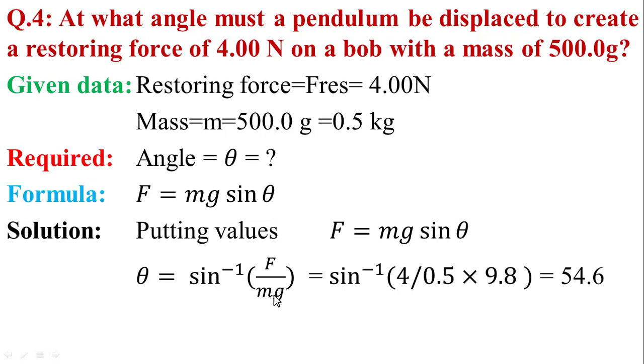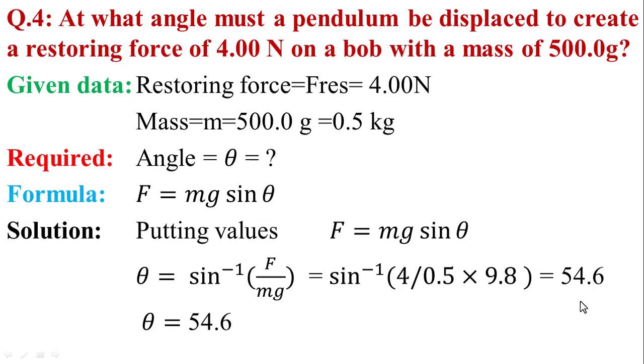Putting the values, theta is equal to sin inverse of 4 divided by 0.5 multiplied by the value of g, 9.8. First of all, 4 divided by 0.5 multiplied by 9.8, then taking the inverse of sine. So theta is equal to 54.6. Then the answer of this question: angle theta is equal to 54.6 degrees.